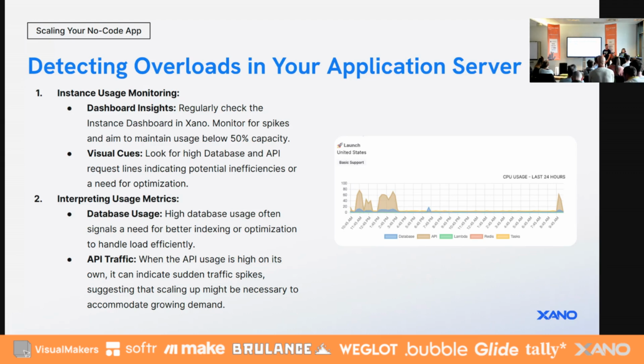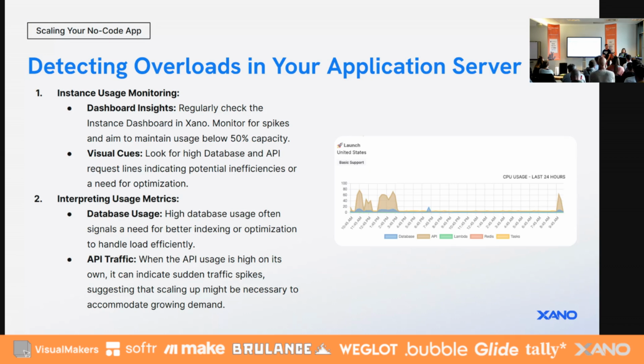We're going to pay special attention to the database and the API usage. If these two are consistently high, it is a clear signal of potential inefficiencies in our application. This could mean that our database isn't optimized, or maybe it's not indexed properly, right?